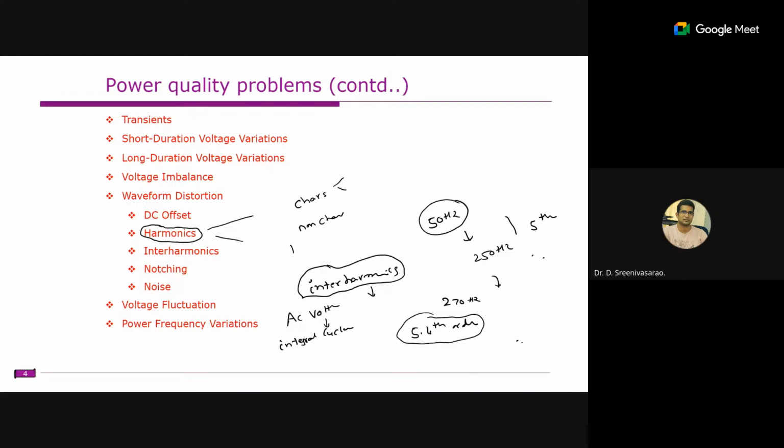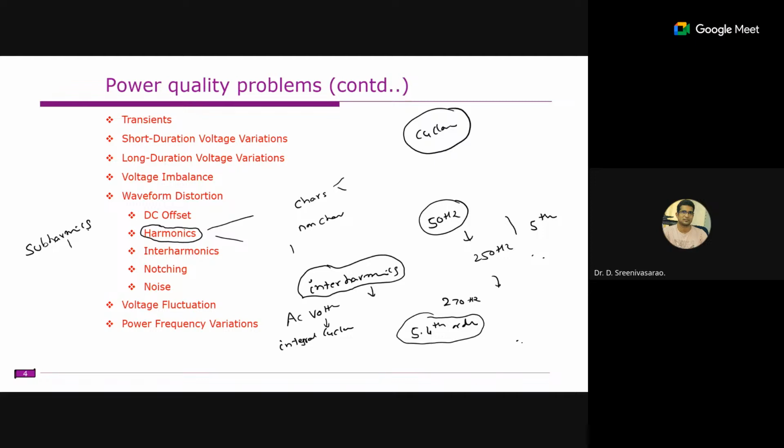If you are using an AC voltage regulator, for a few cycles we turn on both switches, and for the remaining few cycles we turn off the switches. That kind of control produces interharmonics. Similarly, cycloconverters also produce this kind of interharmonics. And there is another group of harmonics, which is known as subharmonics.